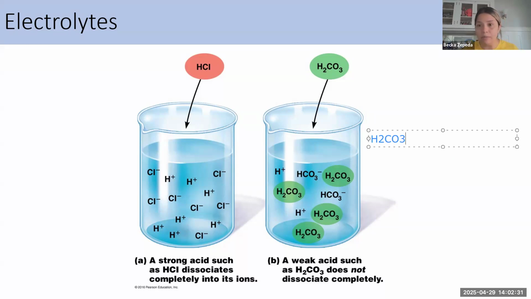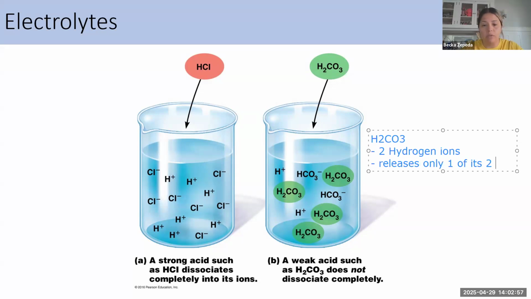So you can see it should be H with a little 2 and then CO with a little 3, but H2CO3 actually has 2 hydrogen ions that are associated with it. But when it's in solution, it releases only one of its 2 hydrogen ions.